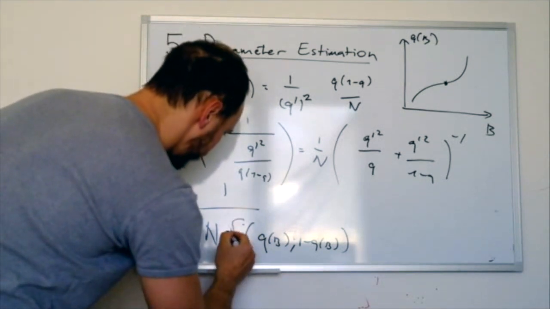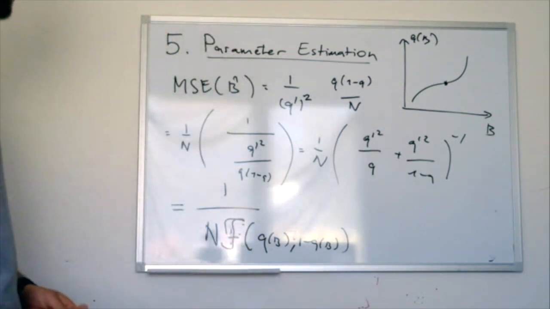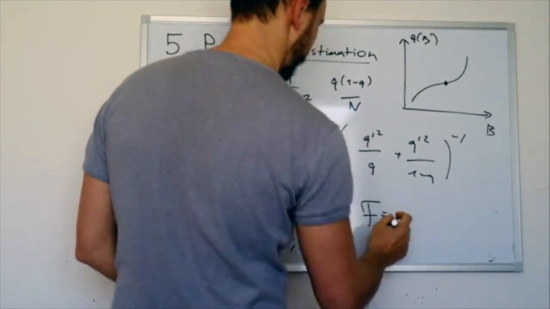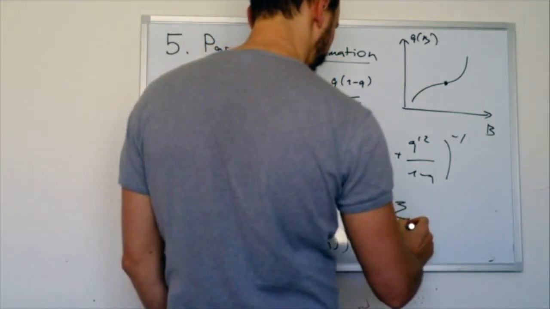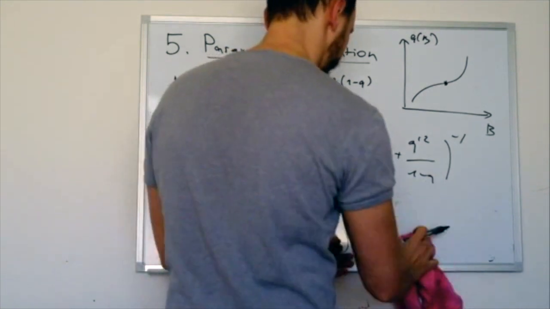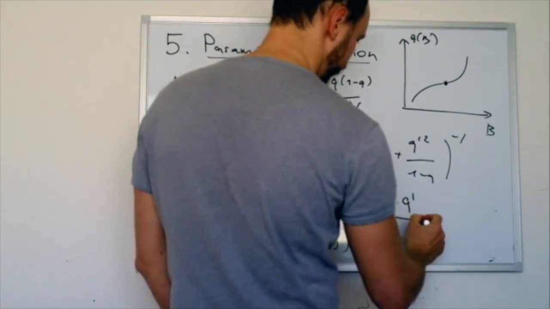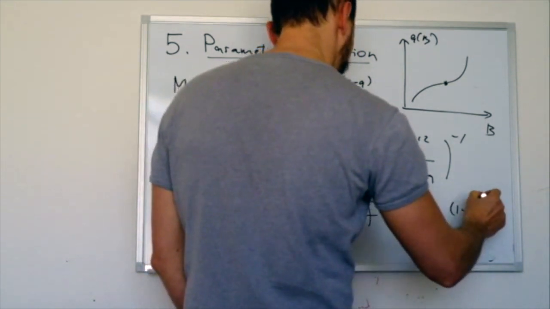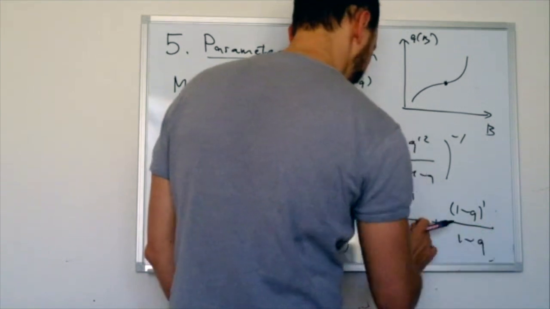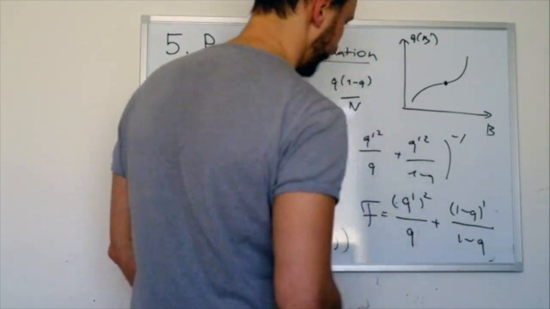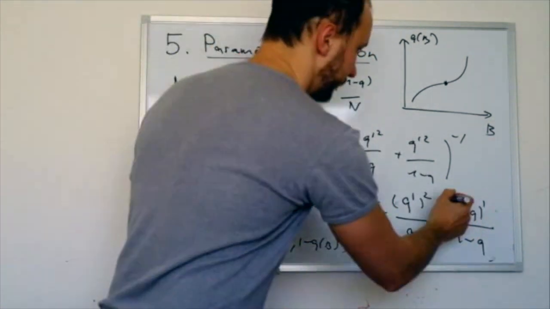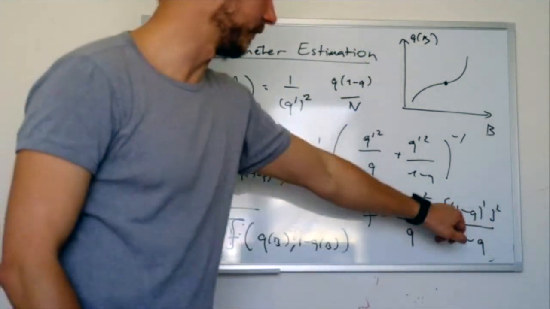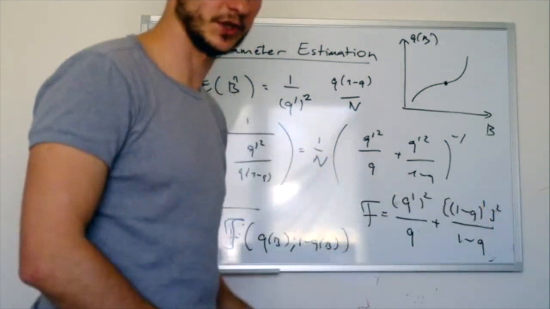And the Fisher information of such a distribution is really given by the sum of, in our case, Q prime squared over Q plus 1 minus Q prime squared over 1 minus Q. This is the expression we have here. Of course, if you derive Q and you derive 1 minus Q, the derivative squared is the same, just the derivative of Q.